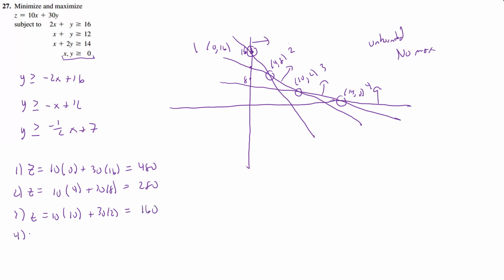And finally, z equals 10 times 14 plus 30 times 0, so that's just 140. So it looks like the min is 140 at 14 comma 0.